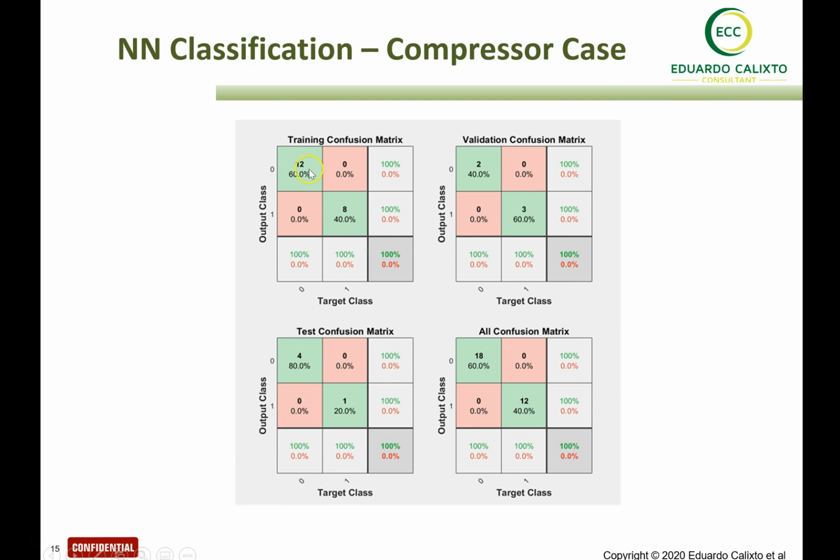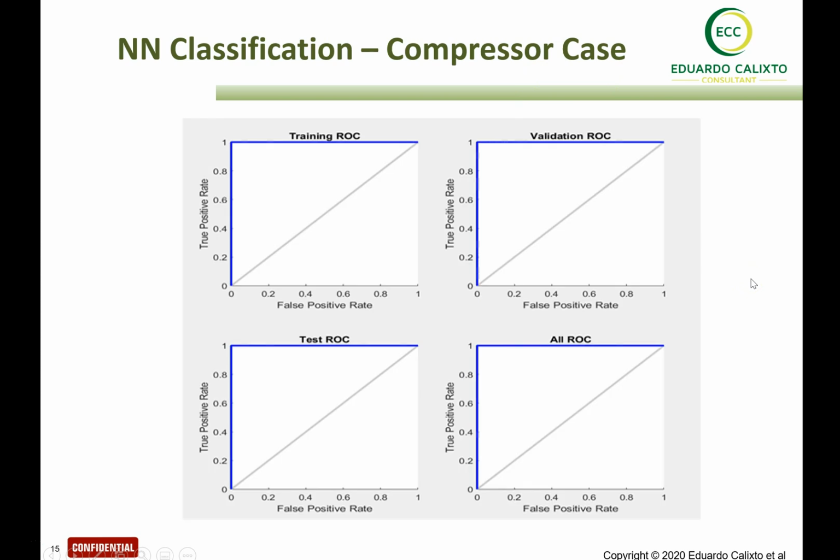Here in the training data, we have 100% true positive values, so proper classification, as well as for the test data, and for all data, considering all the data. And we also have the validation data. This validation is actually 50% of the data set that was used to make this validation.